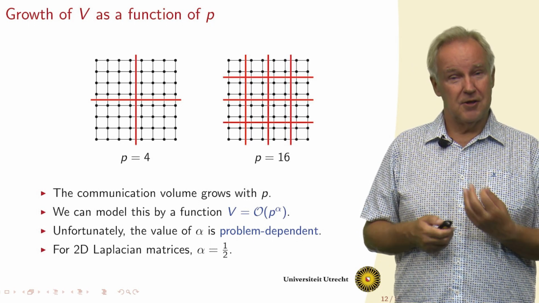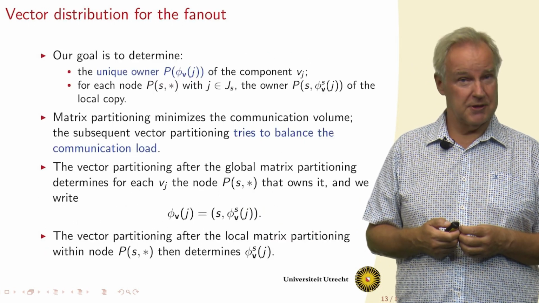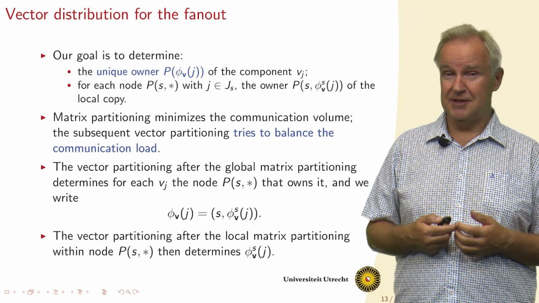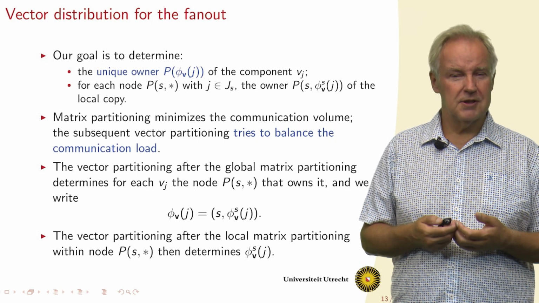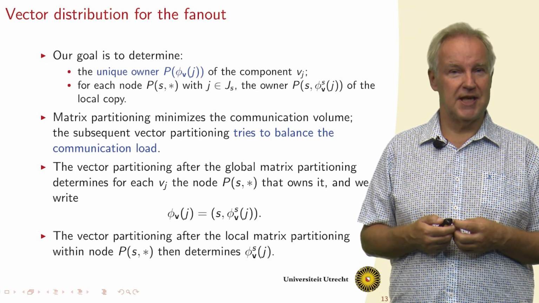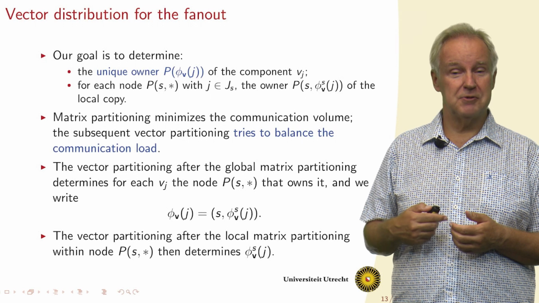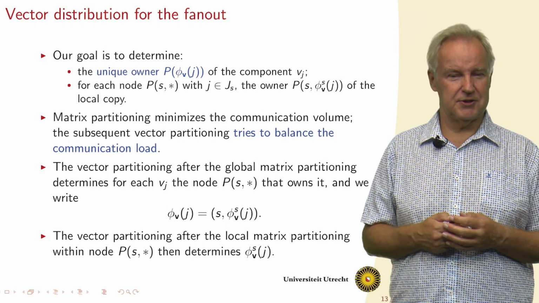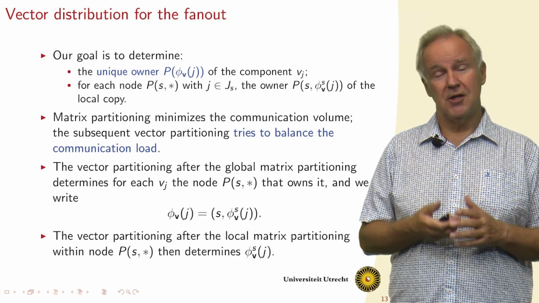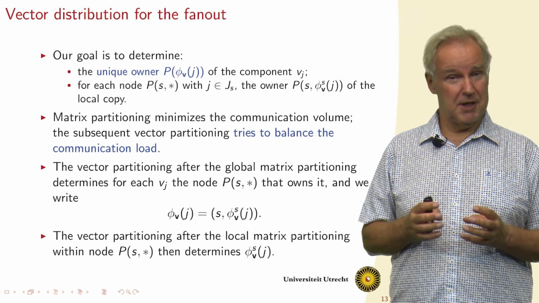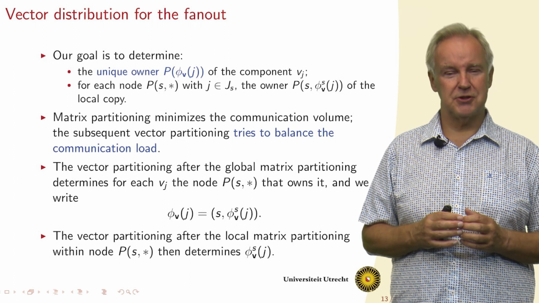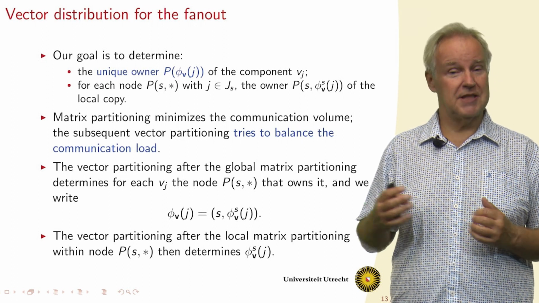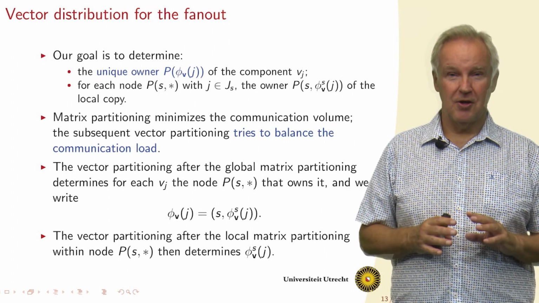So we not only have a matrix distribution, we also have a vector distribution. And in the vector distribution, we have to decide who is the owner of a certain component v_j, but also who are the owners of the local copies. The matrix distribution minimizes the communication volume. The vector distribution balances the volume. Okay.